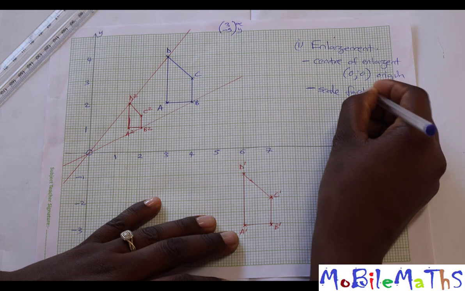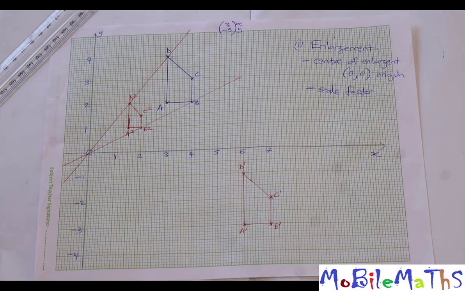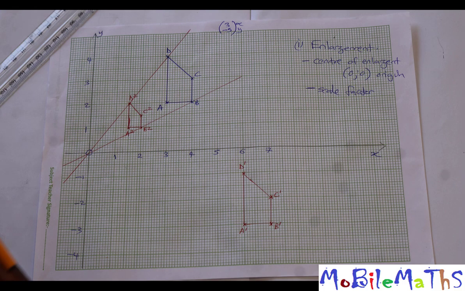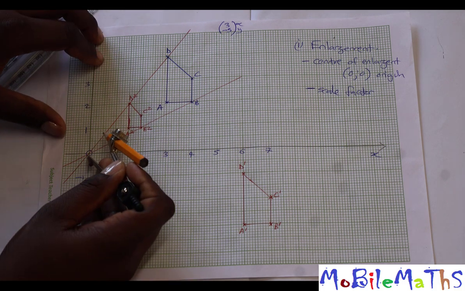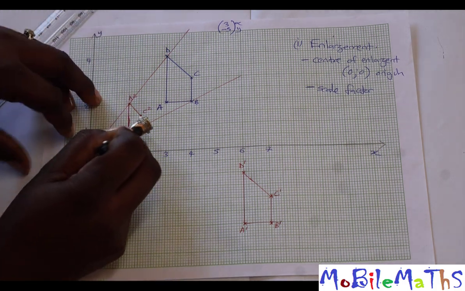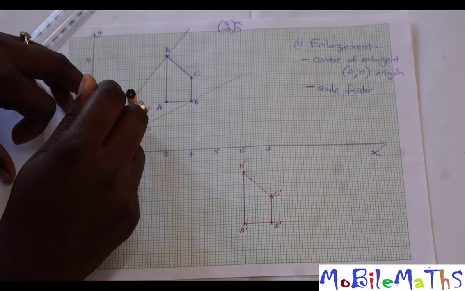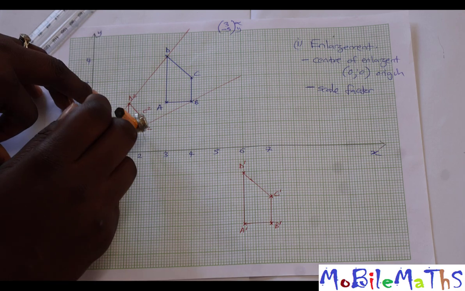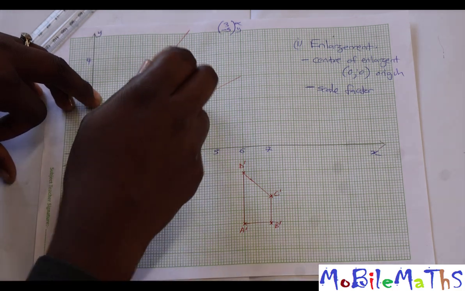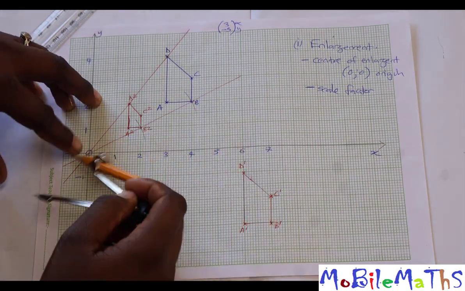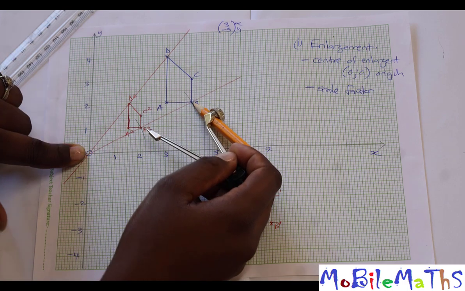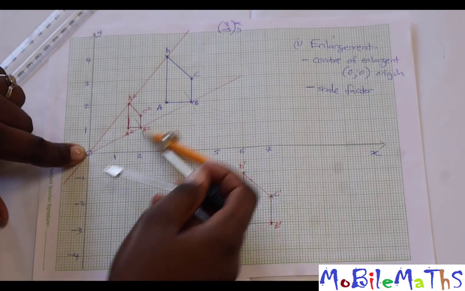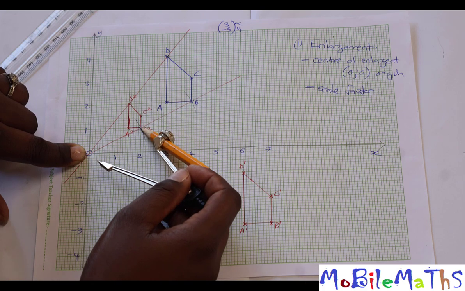How do you get the scale factor? What you do is this: you open your compass from your center. I'm going to take point B, and I'll do this. You see, I've marked a point there of B. You find out from 0 to the original B, it's 2. Then from the image, it's 1.